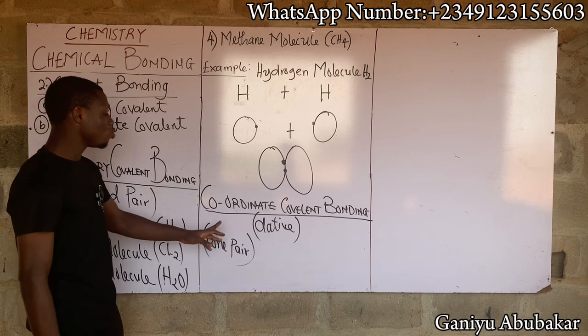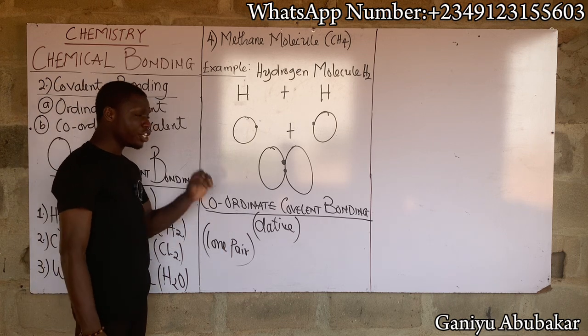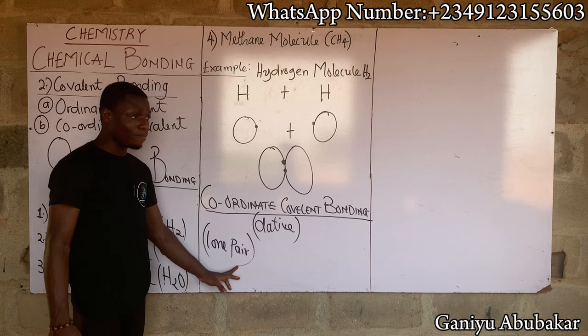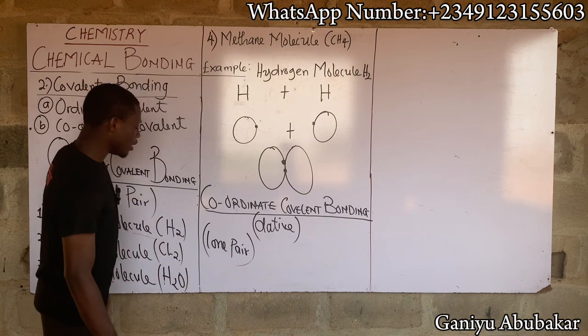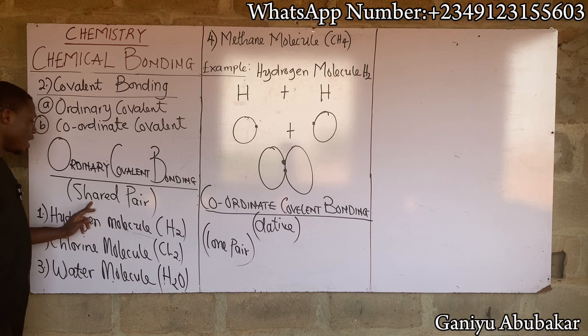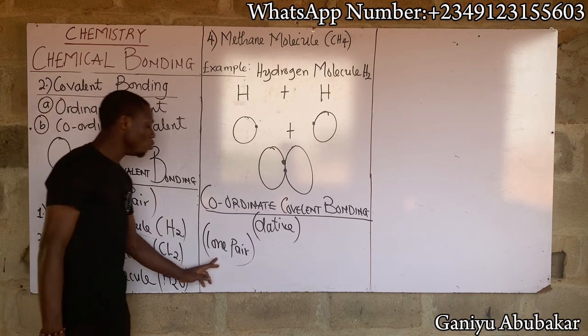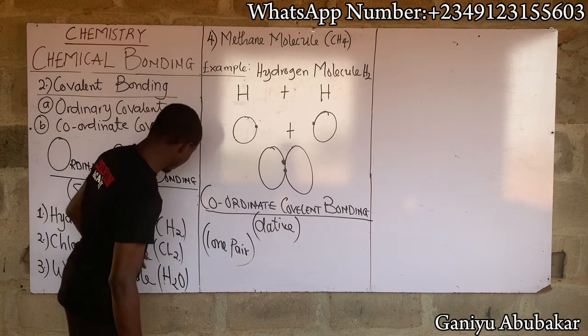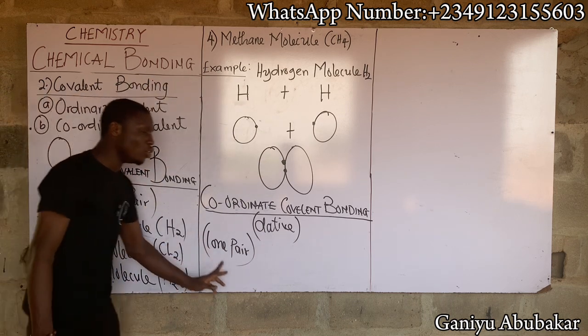So when it comes to coordinate bonding, the keyword there is lone pair. The other one is referred to as shared pair. So the difference there is shared pair and lone pair. Just one atom does the sharing.